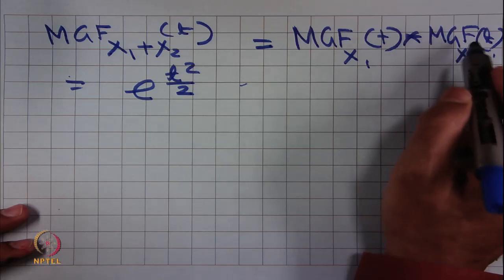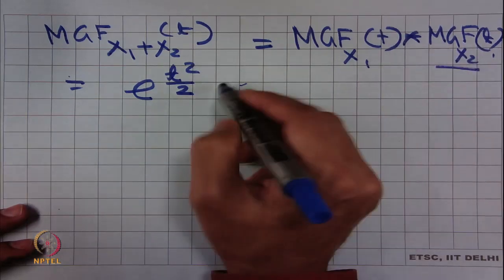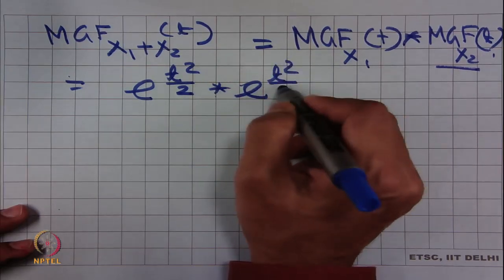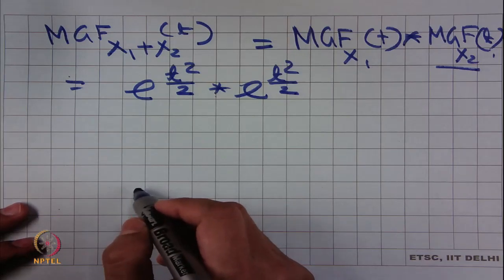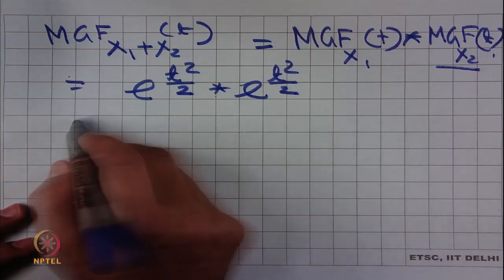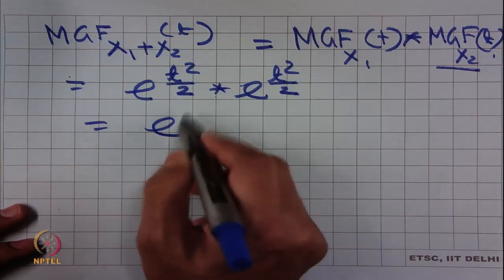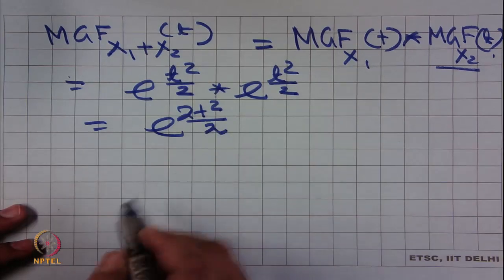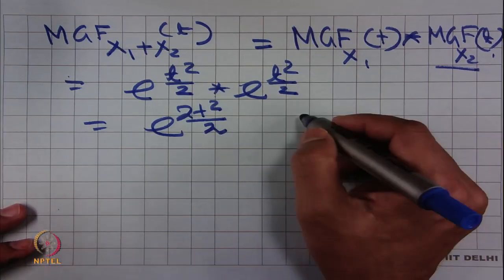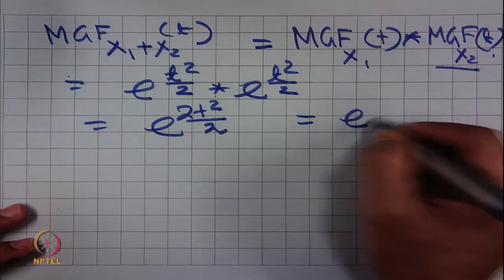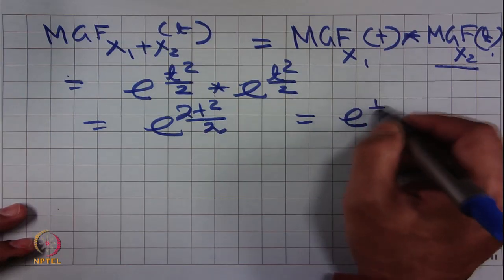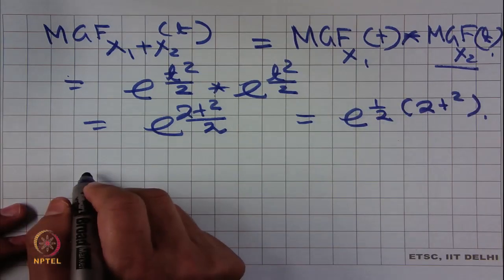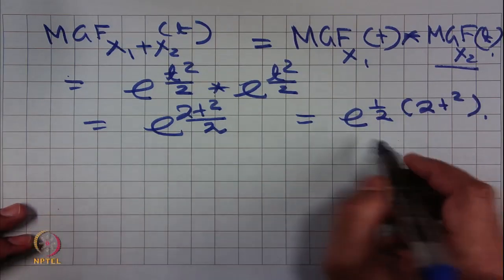Similarly, MGF of x 2 is e to the power t square by 2. Therefore, this is equal to e to the power 2 t square upon 2, is equal to e to the power half into 2 t square.